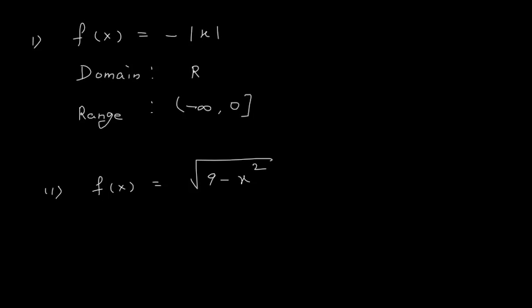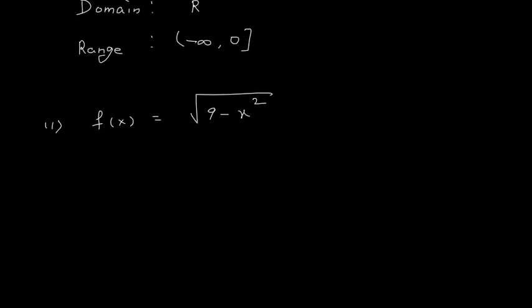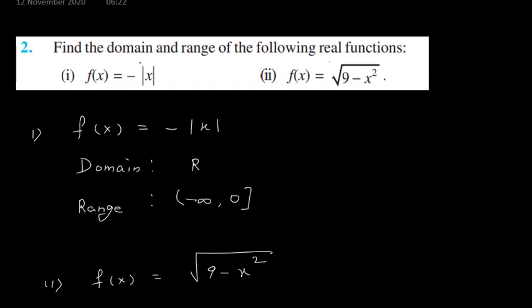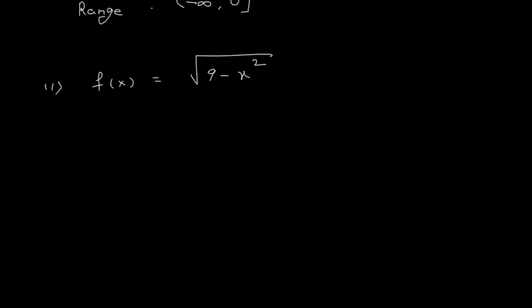So as f(x) is a real function, this 9 minus x square should be greater than or equal to 0.